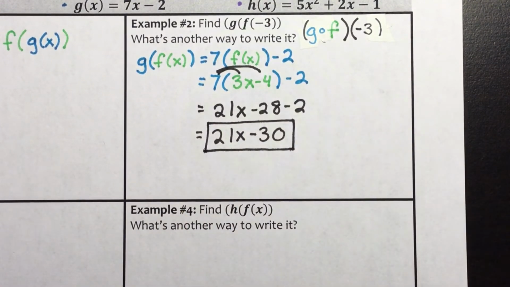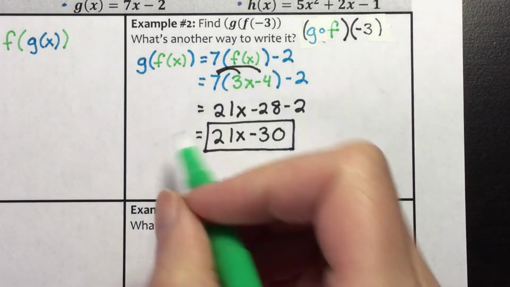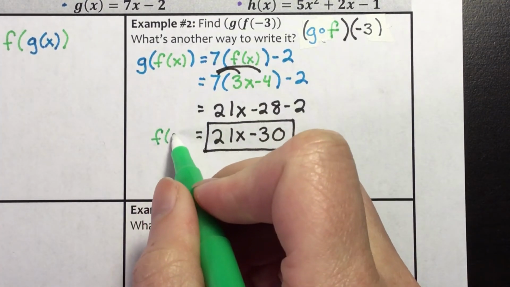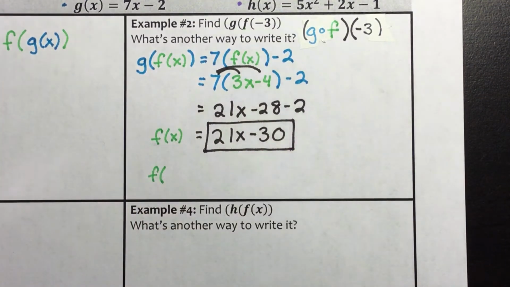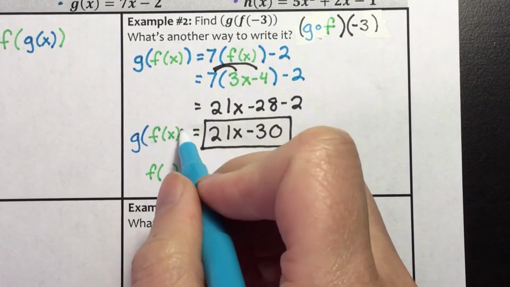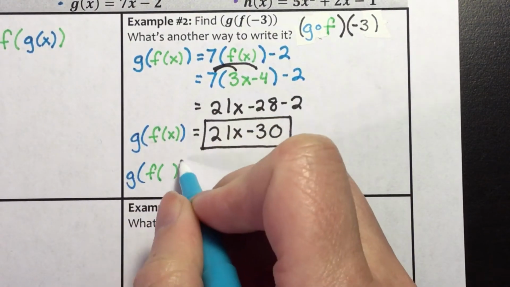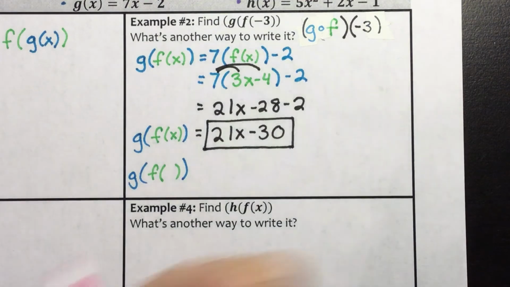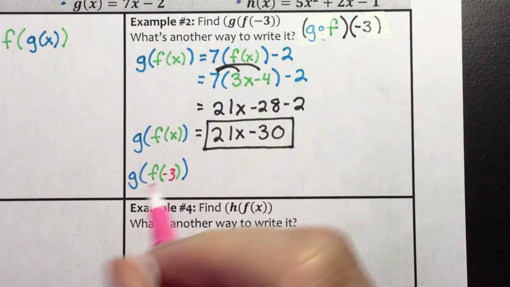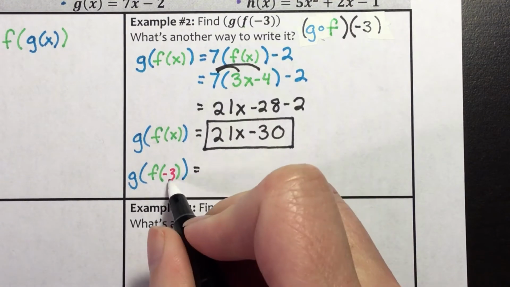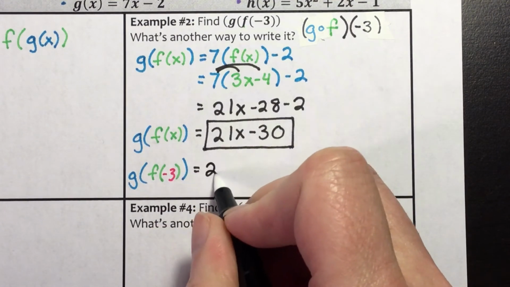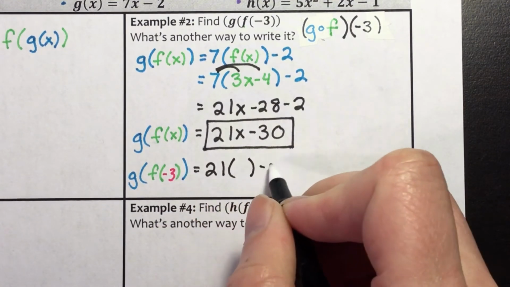So this is g of f of x. We want g of f of negative 3. So we're going to take negative 3 and plug it everywhere that we had an x to begin with.